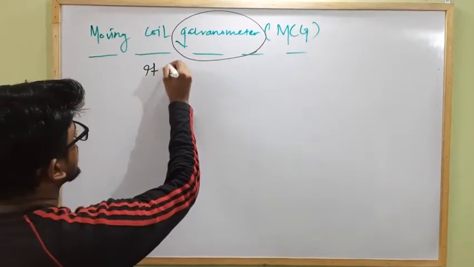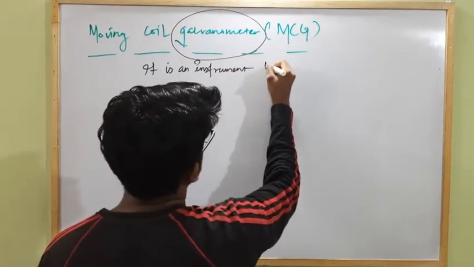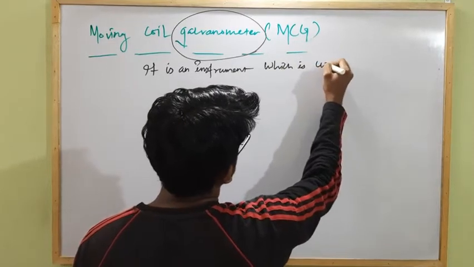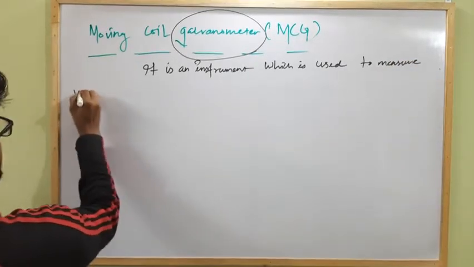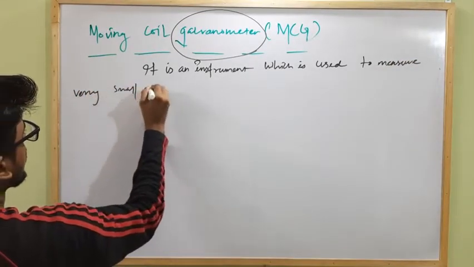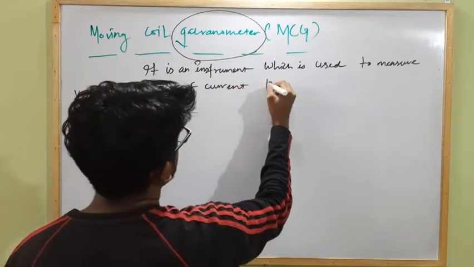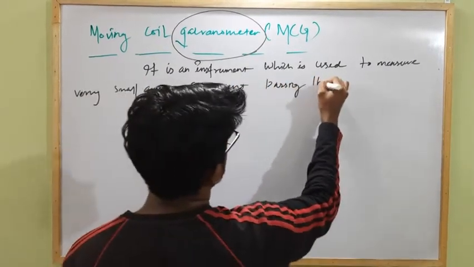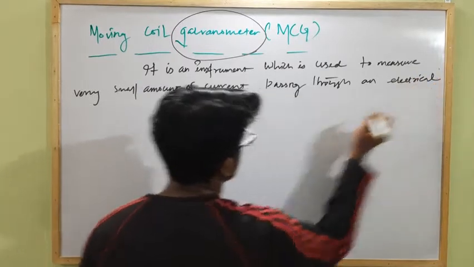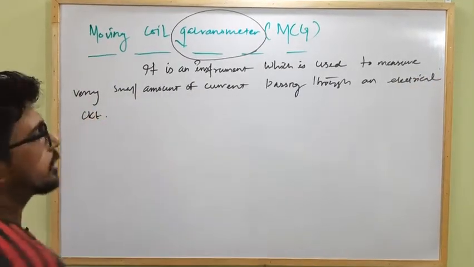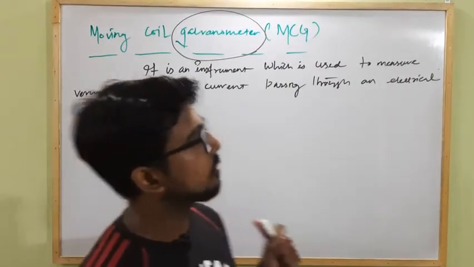So first of all, what is a moving coil galvanometer? It is an instrument which is used to measure a very small amount of current passing through an electrical circuit.